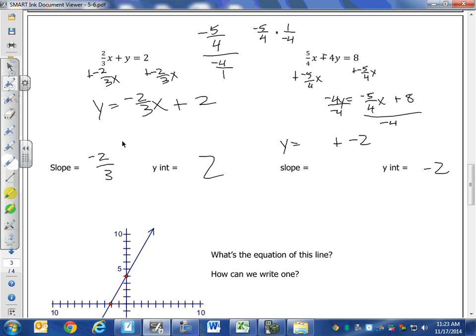Multiply by the reciprocal is all you have to do. This ends up being negative 5/-16, which is positive 5/16 x.